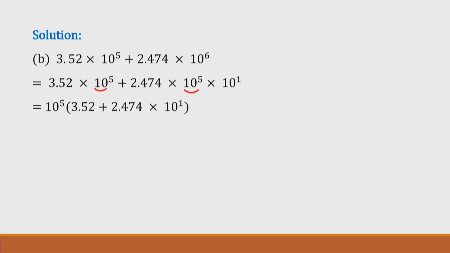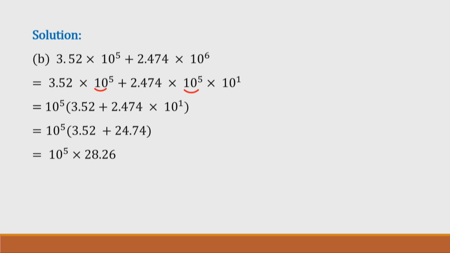I take 10 to the power of 5 outside, and I get 3.52 plus 2.474 times 10 power 1, which is equal to 24.74.